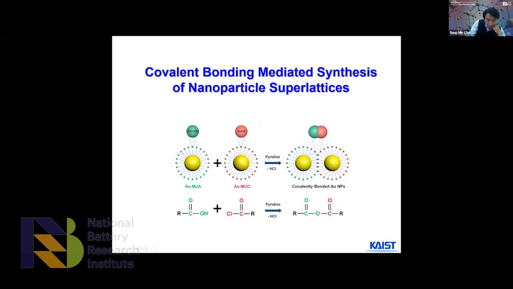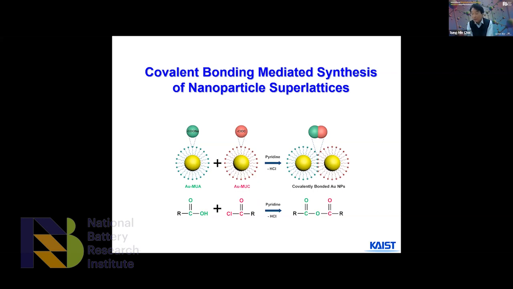One particle is functionalized with the so-called MUA, which has this COOH functional group. Another particle is functionalized with this group. And then this functional group at the end forms covalent bonding if we put in a proper catalyst.